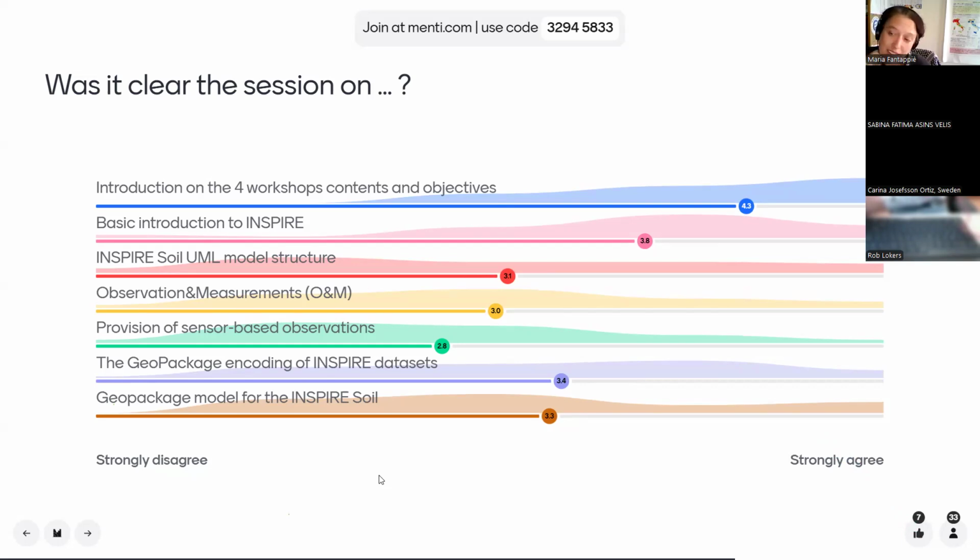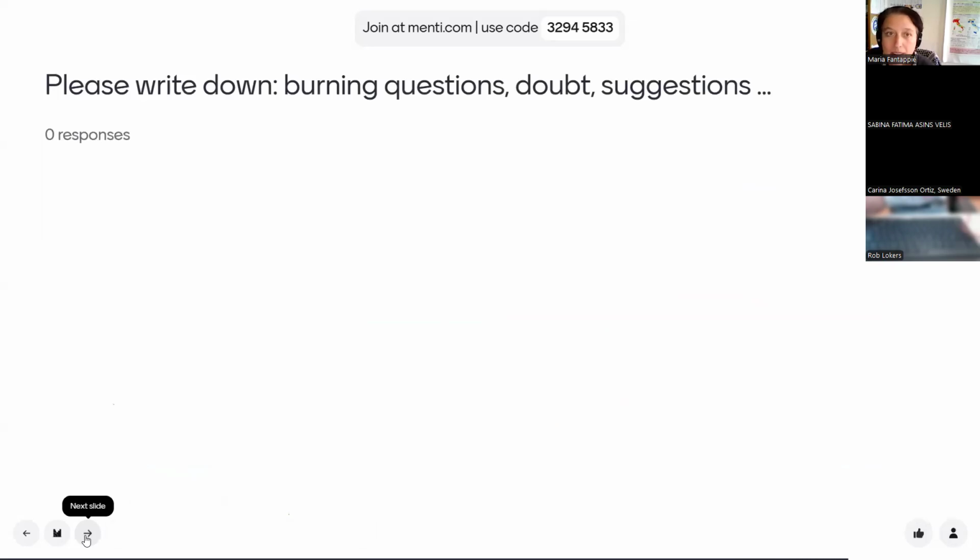And also, I think that it is one of the novelties of the last years, right? This sensor thing. So even less known than other encoding standards.